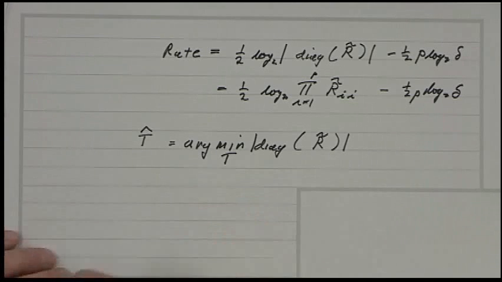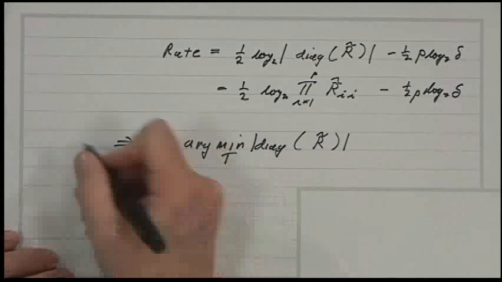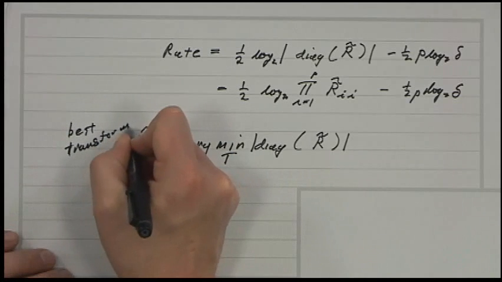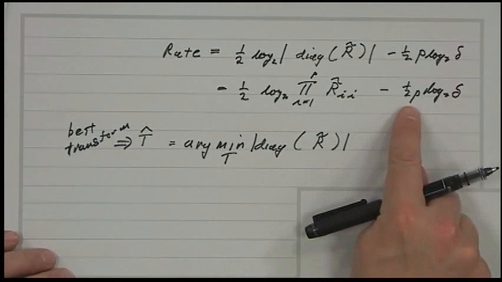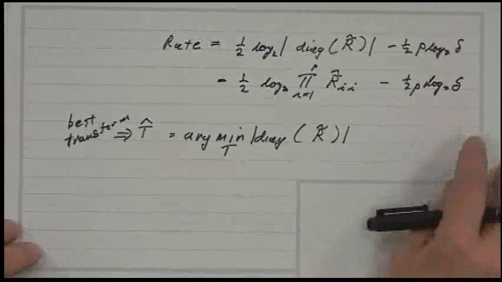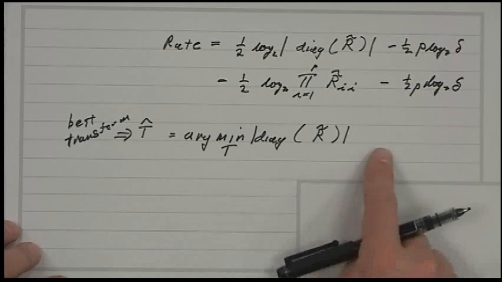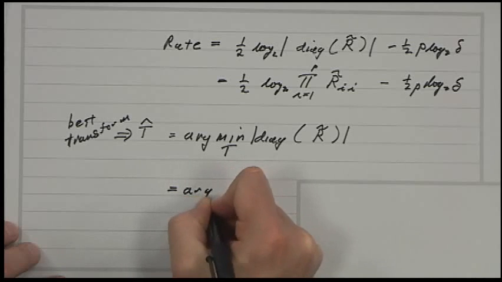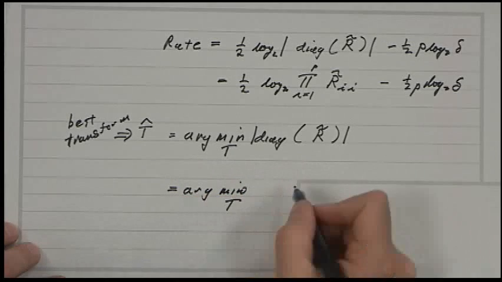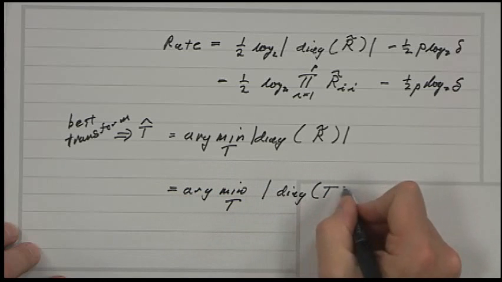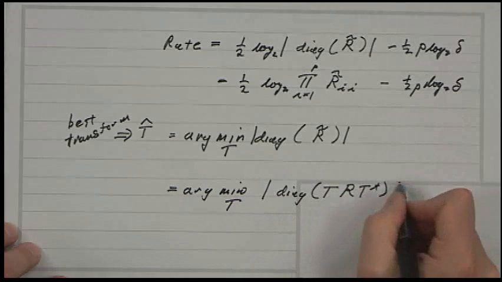So this is the best transform. It's the best transform because it's the transform that minimizes the rate at low distortion. And maybe minimizes the rate at higher distortion. Actually, it minimizes the rate at any distortion. Well, no, we don't quite know that yet, but we will in just a moment. But at low distortion, it minimizes the rate. So this is equal to the argmin over t of the determinant of the diagonal of t r t transpose.